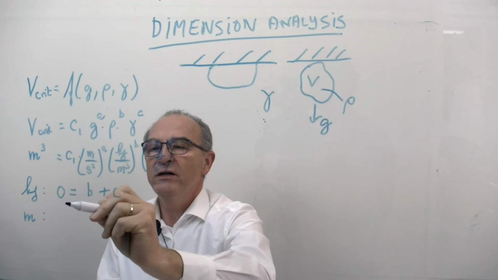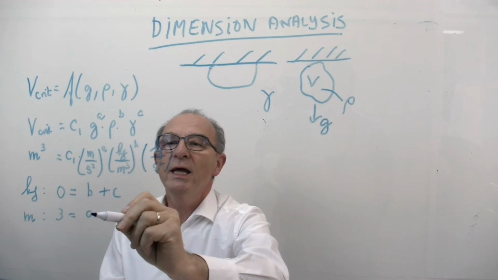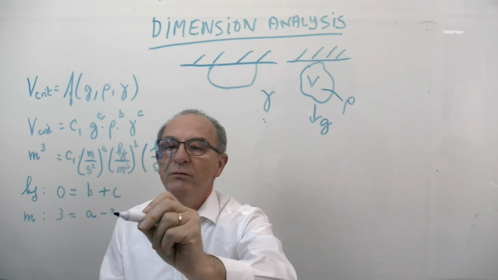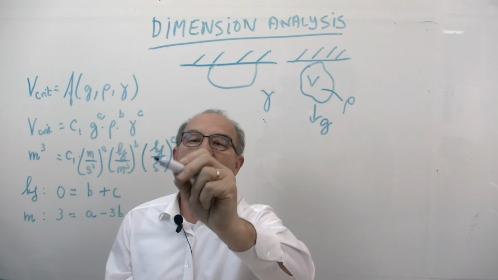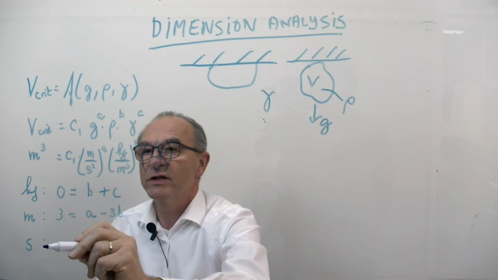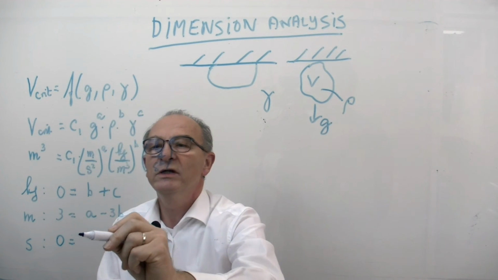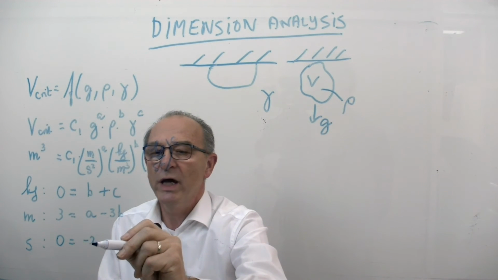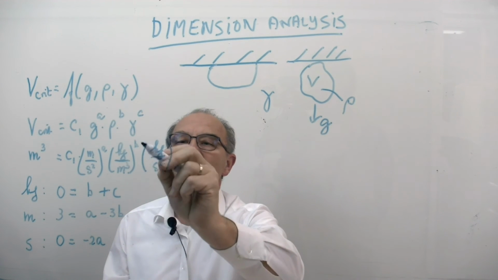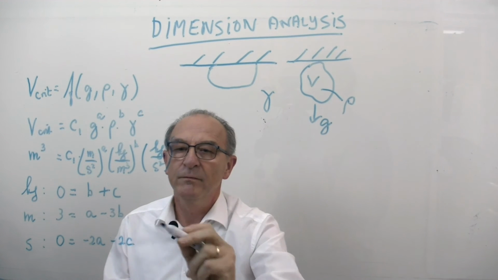On this side we see 3 is equal to A minus 3B, and in this case we don't see any meters for the surface tension. And the last equation is for the seconds. There are no seconds on this side, so 0 is equal to minus 2A, and here the last is minus 2C.